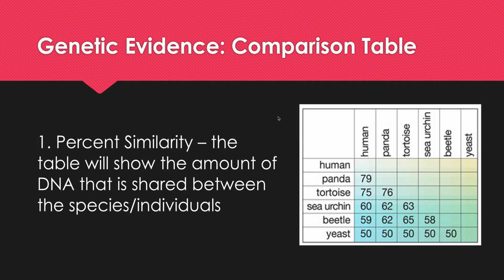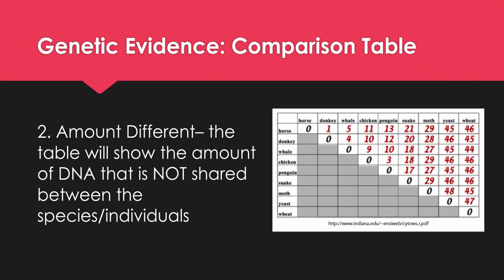We can do the opposite though. We can look at the lowest number means they are most related. Whenever I give you a table, I will let you know if you're looking for the differences, meaning the lower number, or if you're looking for similarities, which is the higher number.